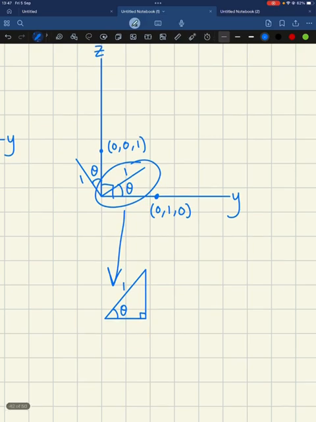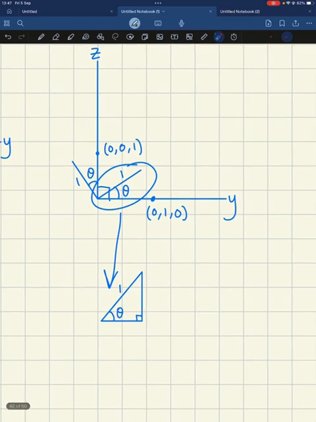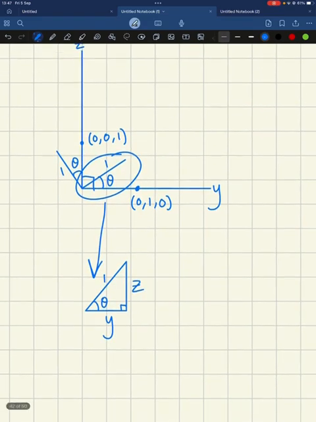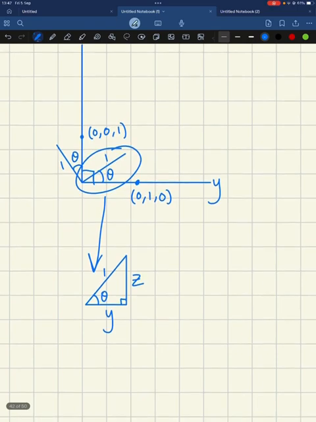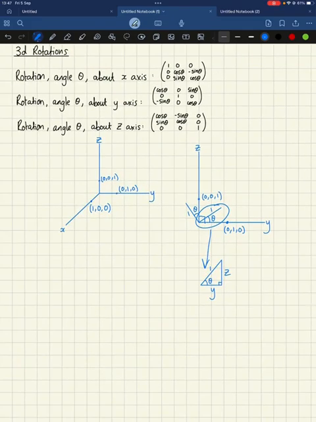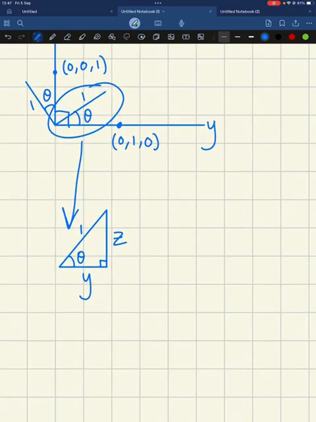Now, along here, this is the y-axis, so this will be the y-coordinate, and this will be the z. Because we'll be dealing in y and z coordinates, the x coordinate, like we said earlier, is invariant. So because we're on the y and z axes, the x coordinate is 0, and we're only dealing in whatever the y coordinate is and whatever the z coordinate is.